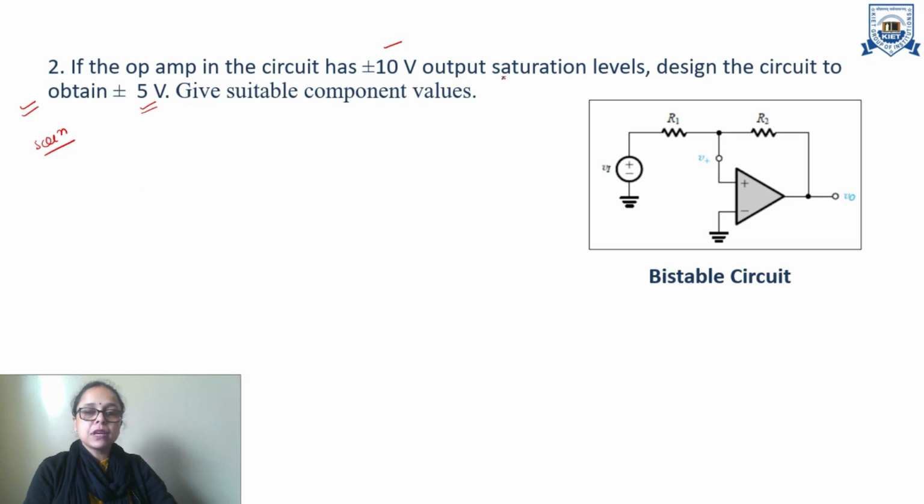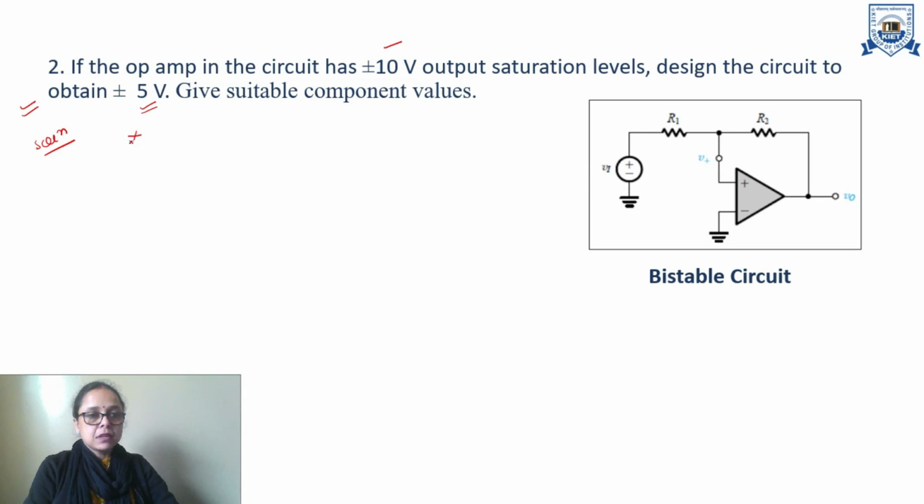We have to find the component values. What is the difference between the previous problem and this problem? In this, none of the resistance values are known. In the previous question we had the value of one of the resistances, but in this problem we have to assume one value, and only then can we solve it.